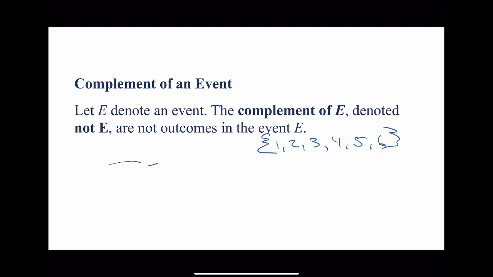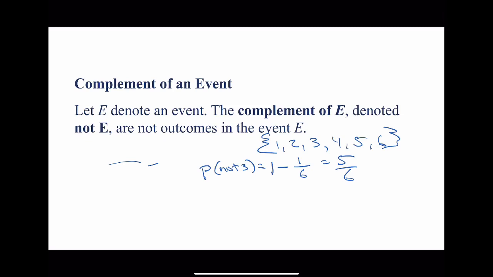So that 100% chance minus the probability of getting a 3, so probability of not 3, would give me 5/6. When I roll the dice, there's a 5/6 probability that I will not get a 3.